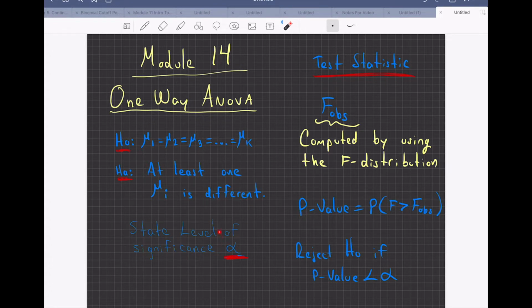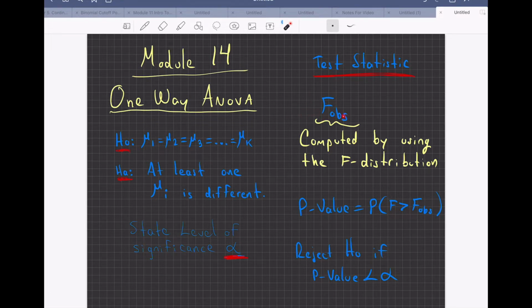State the level of significance. The test statistic is computed using the F distribution, and it is denoted by F subscript observed. In the homework from Achieve it is only denoted by F, but that can be confusing because F also represents the F distribution, a random variable with the F distribution, and also one value for that distribution.